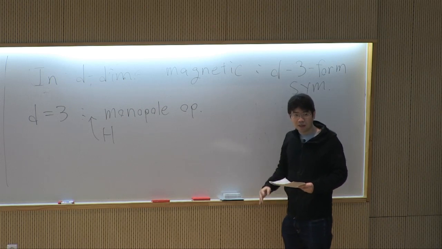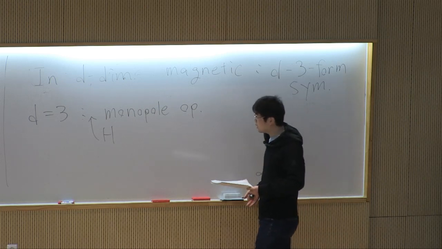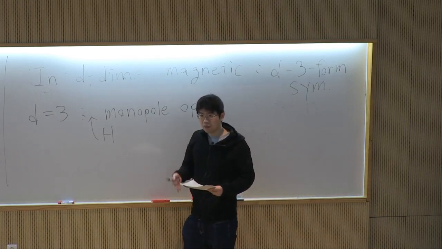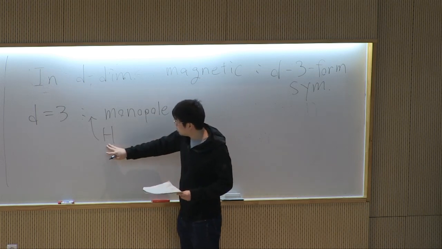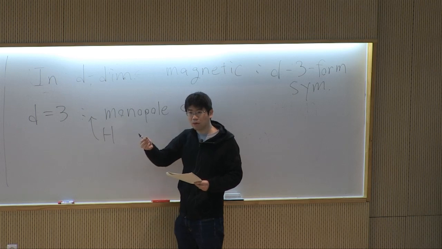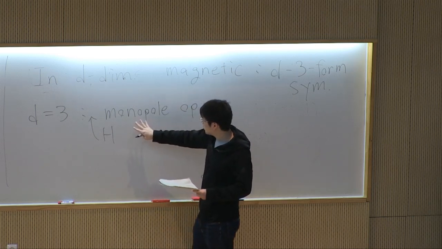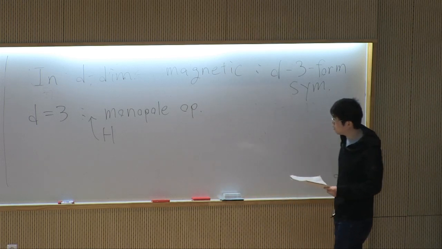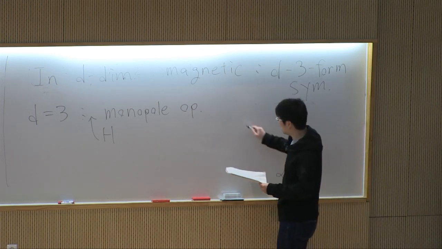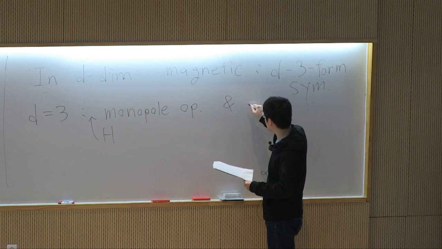So this is just the usual symmetry, and the usual symmetry acts on usual operators, local operators. So the 't Hooft operator is defined just on a point. And in this case, in 3 dimensions, this is called a monopole operator. And the symmetry is what is called topological symmetry.